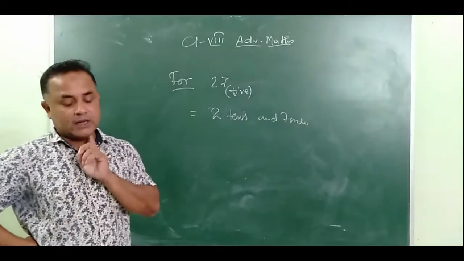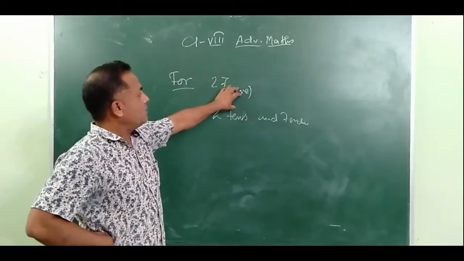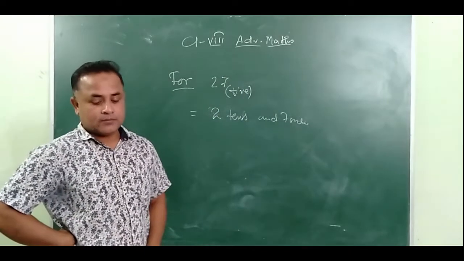In other words, we can say that it is two groups of 5 and 7 ones.